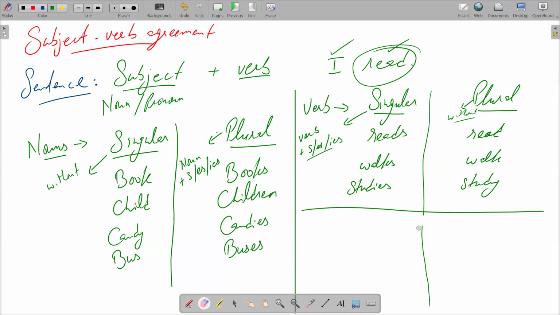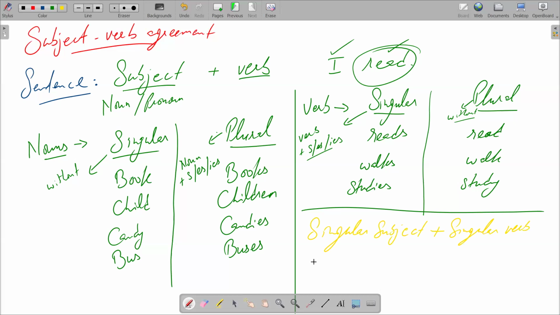When the sentence has a singular subject, which is a noun or a pronoun, then the verb that you're going to use will also be in the singular. So singular subject and singular verb.